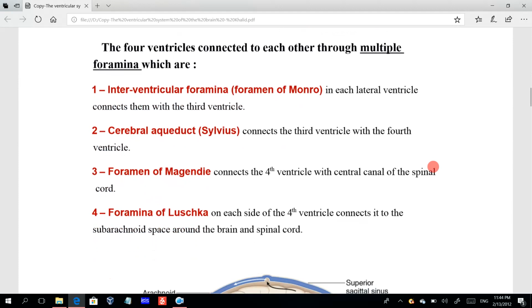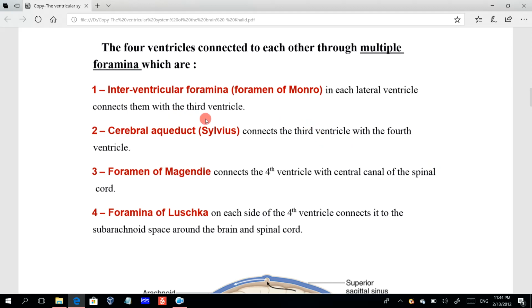The four ventricles are connected to each other through multiple foramina. First of all, we have the interventricular foramina, or what's called the foramen of Monro. This foramen of Monro is present in each lateral ventricle and connects the lateral ventricles to the third ventricle.